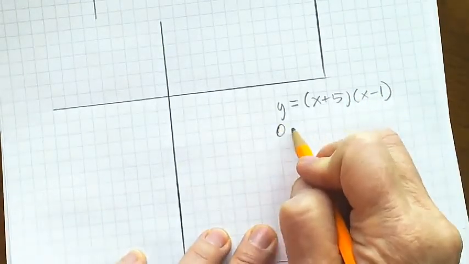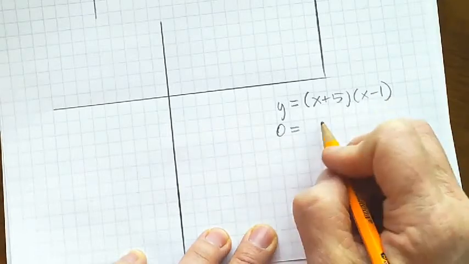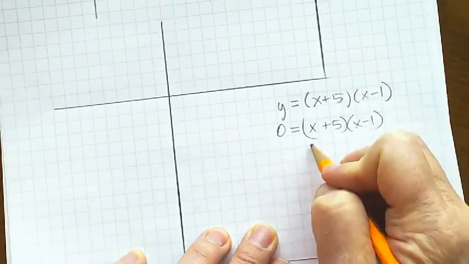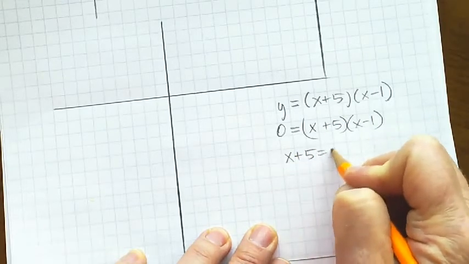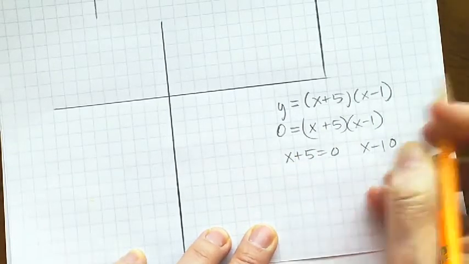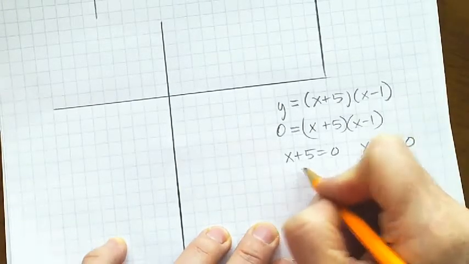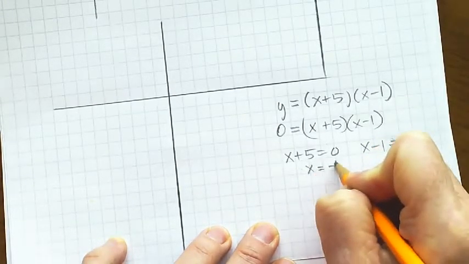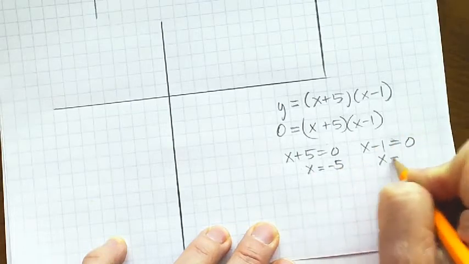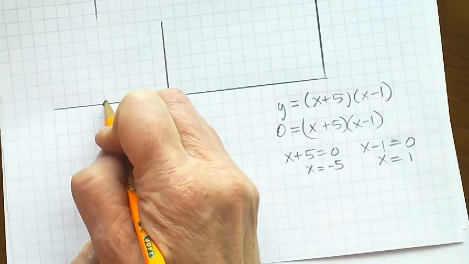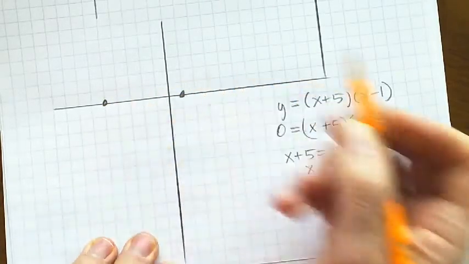If I replace y with 0, it's already been factored. I get 0 equals x plus 5 times x minus 1, so x plus 5 equals 0, or x minus 1 equals 0, using the zero product property. If I subtract 5, I get x equals negative 5. If I add 1, I get x equals 1. So that's going to be negative 5 and positive 1.